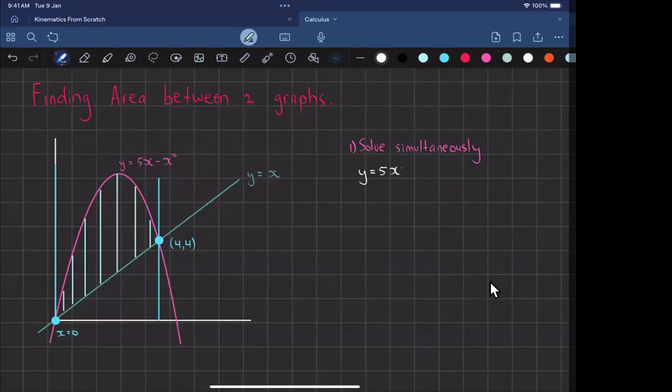So we have y is equal to 5x minus x squared, and we have y is equal to x. So we have our equation 1 and our equation 2. Do we have to make our equation 3?